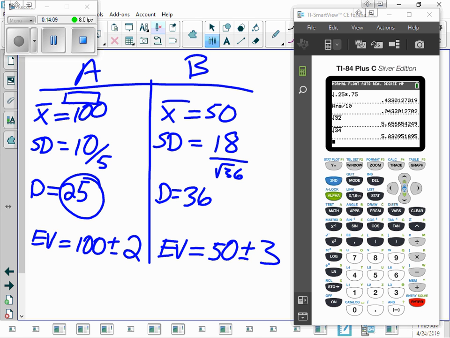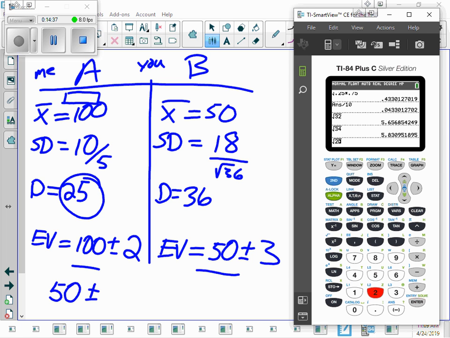Okay. All right. Now, if this is me and this is you, how far apart are we supposed to be? So 100 minus 50 is 50 plus or minus the square root of the sum of the squares. So I'm going to do the square root of 2 squared plus 3 squared, and I get 3.6.